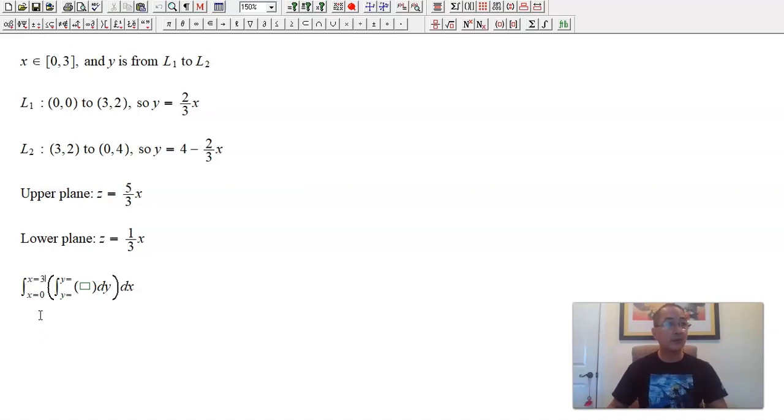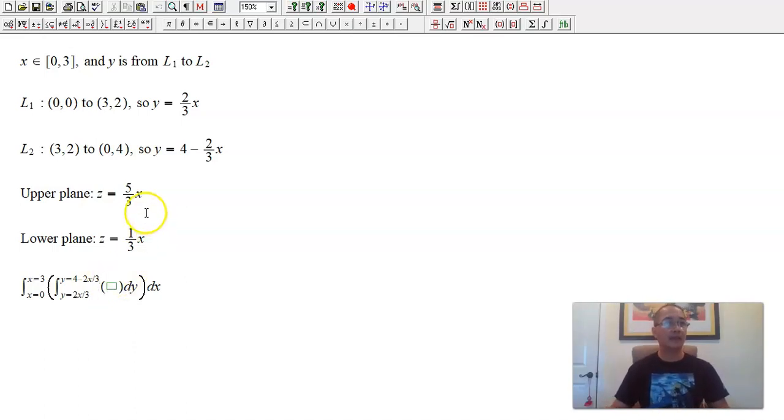X goes from 0 to 3. Y goes from L1 to L2. So we have 2/3 x in here. I will write that as 2x over 3. And then up here we have 4 minus 2x over 3.